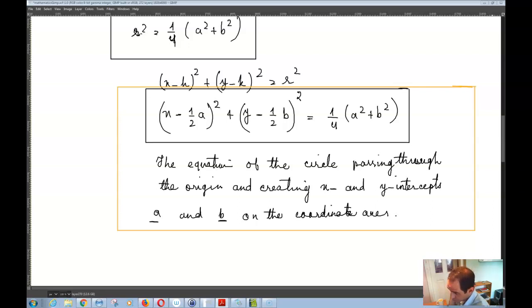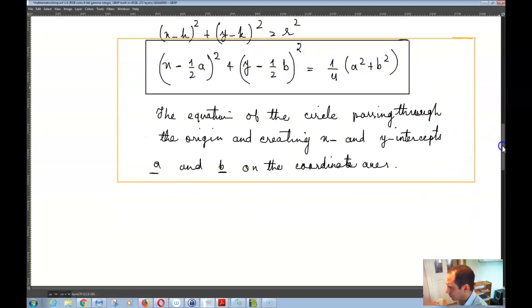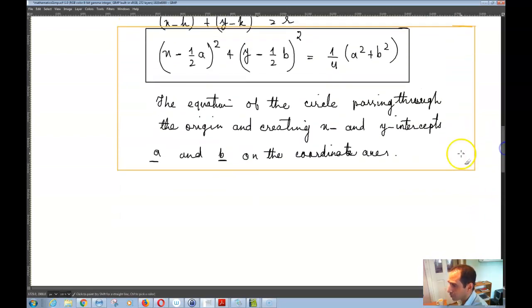And of course they have simplified this, which is actually not a bad idea. Let's simplify this and see what we get. So I have x minus 1/2 a, which I write as x squared plus 1/4 a squared minus 2 times x times 1/2 a.